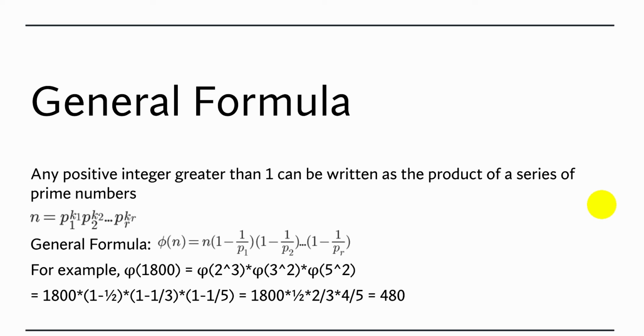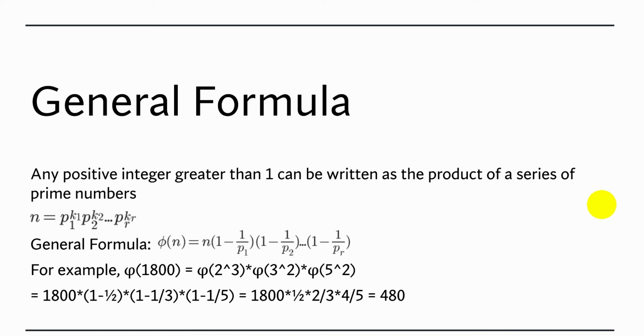The general formula says that phi(n) equals n times (1 minus 1 over p1), times (1 minus 1 over p2), and then multiplied by everything until (1 minus 1 over pr).